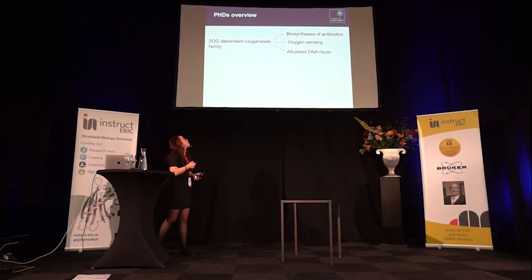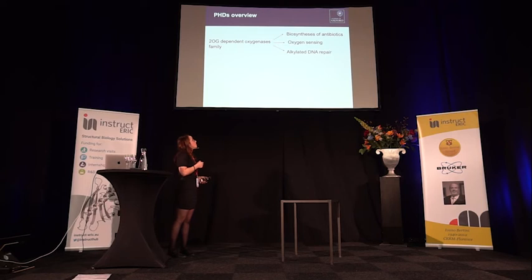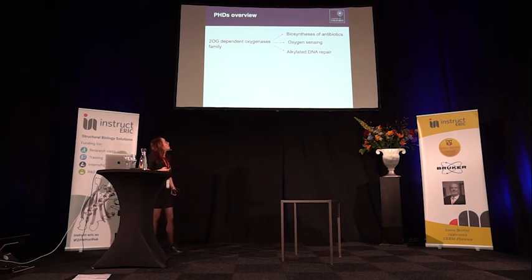The PHD enzymes are part of the 2OG oxygenases family. These enzymes are found in many different pathways like antibiotics biosynthesis, DNA repair, and oxygen sensing, which is what we are talking about today. In humans, there are 3 isoforms, PHD2, 1, and 3.